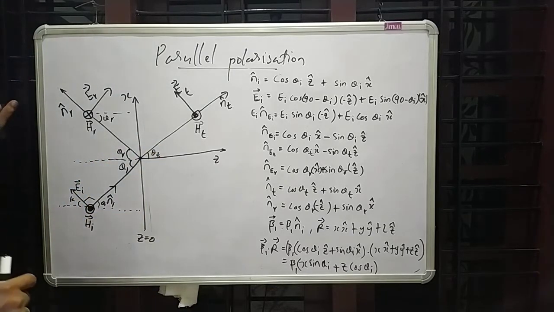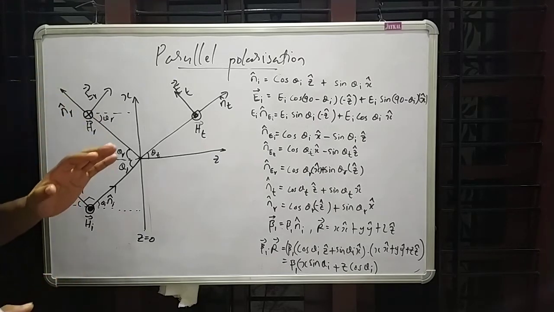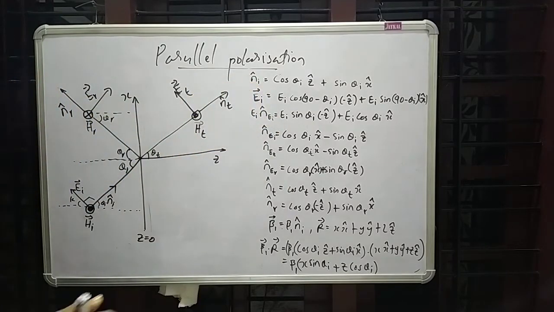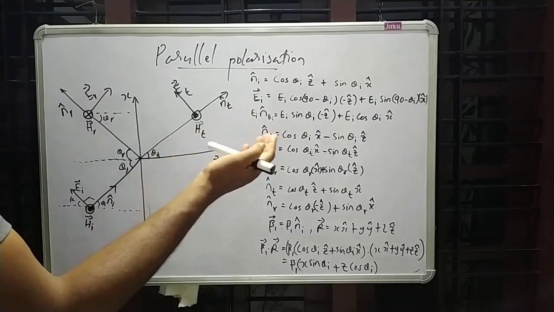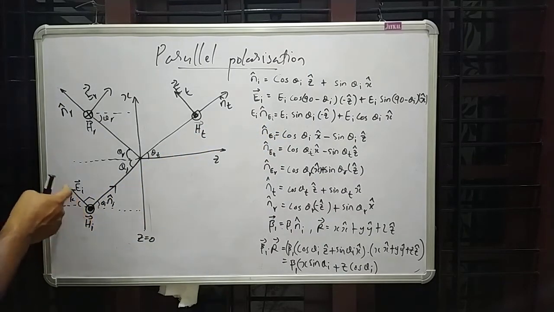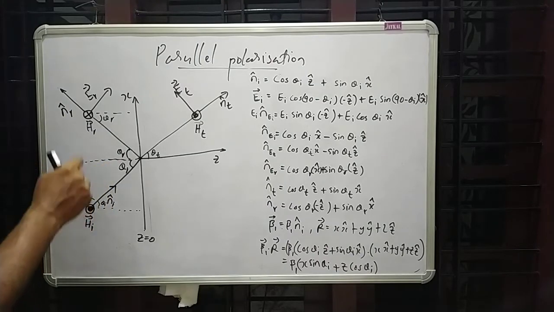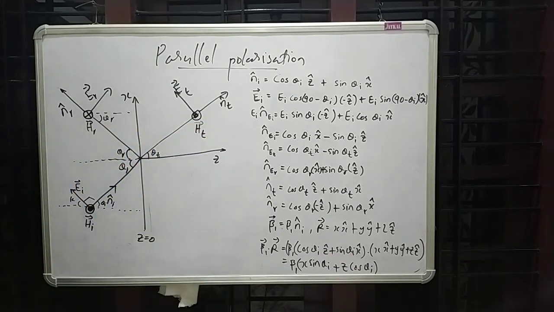So to begin this derivation, we need some basic things, that is the unit vector in the direction of propagation, as well as the unit vector of electric field, the direction of the incident electric field, the reflected electric field, as well as the transmitted electric field.